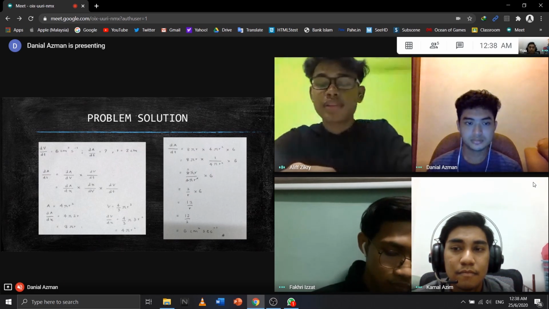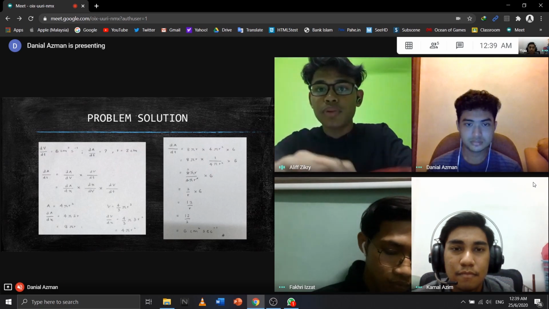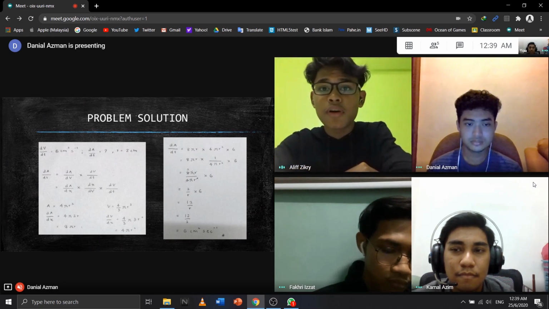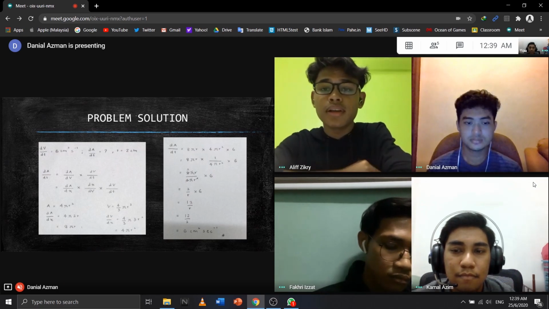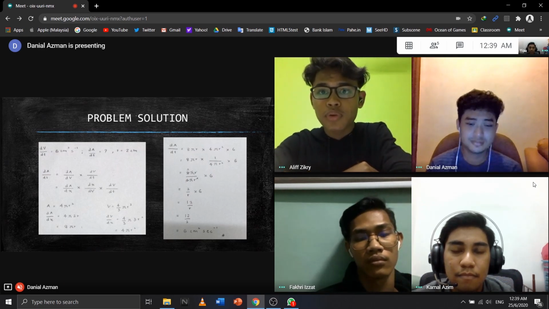Okay, so we just write the given information right here. Okay, so we just put the formula into the paper. So the formula to calculate the area is 4 pi r squared, and the volume is 4 over 3 pi r cubed.